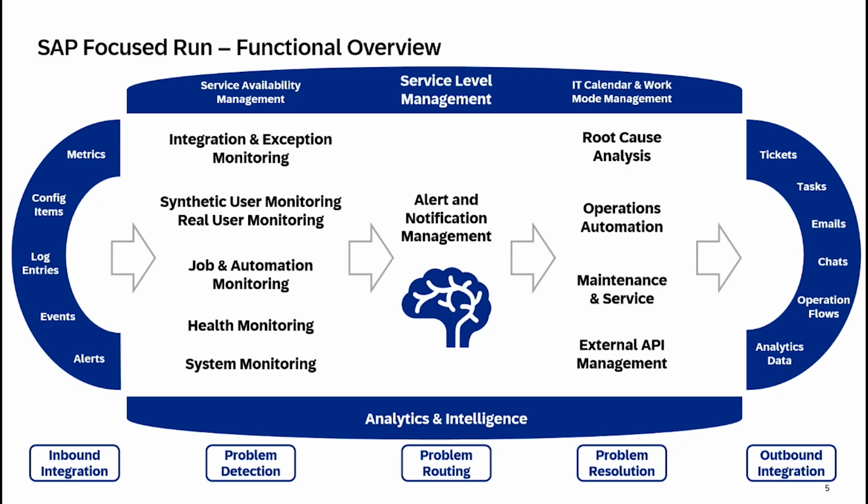Then we have the area of user monitoring. So also here we have synthetic user monitoring, we have real user monitoring, we have job and automation monitoring, we have health monitoring. And here in Focused Run, in the area of health monitoring, we cover mainly the cloud services, to show that the cloud services are running and that they can be used with sufficient performance, as well as non-SAP components, especially availability monitoring for non-SAP components.